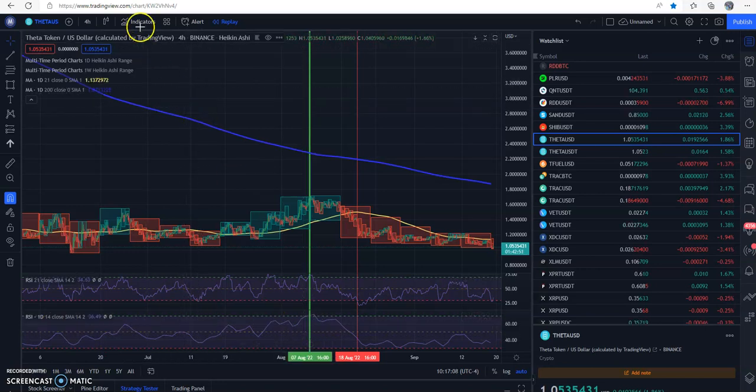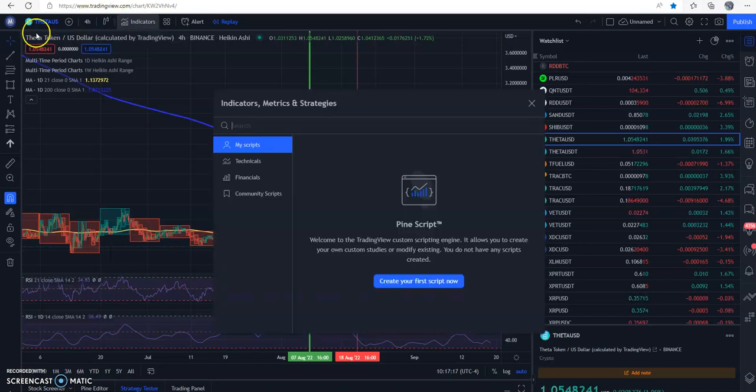Now, to do that, we go up to the indicators here on our tradingview.com. Hit the indicators. Okay, so here I have multi-time period chart. So you can come over here and go to multi-time.